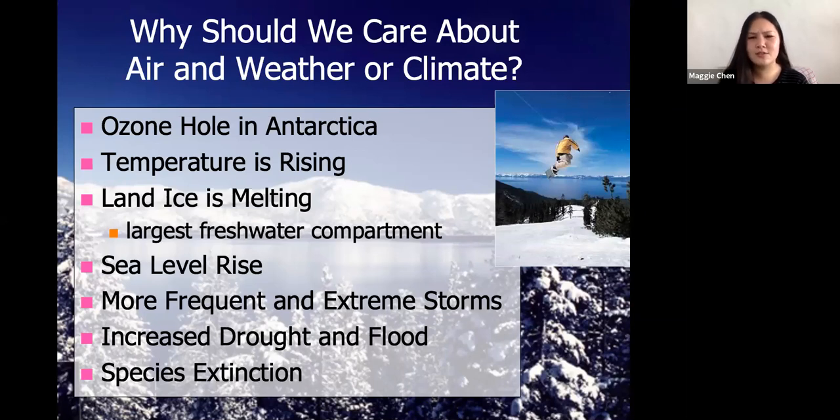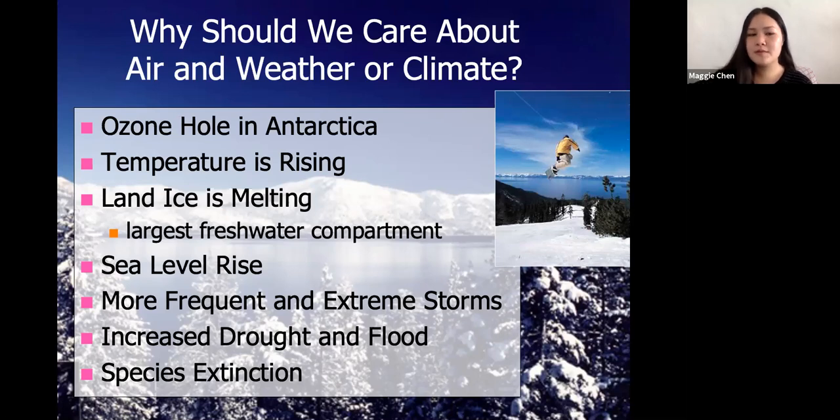And also species extinction: as our climate is changing and as different environments are shifting, habitats that could only exist under certain circumstances would change. And so if species don't have the environment necessary for them to thrive, they could go extinct.